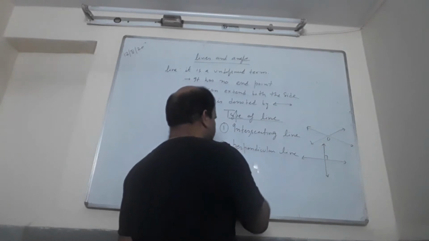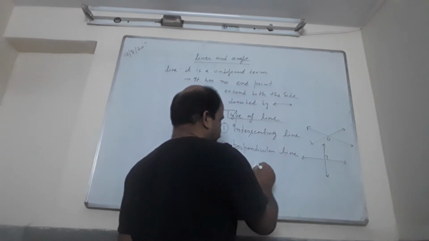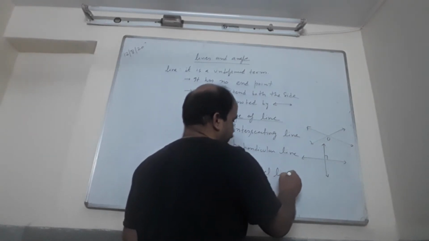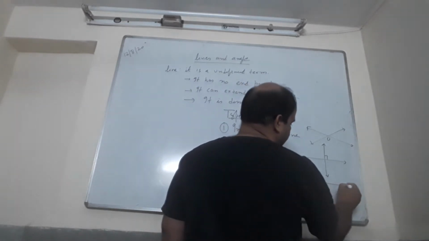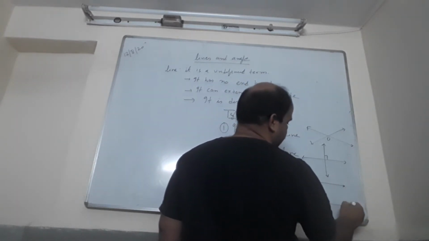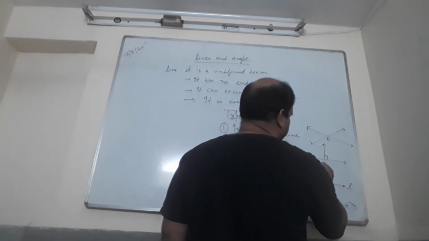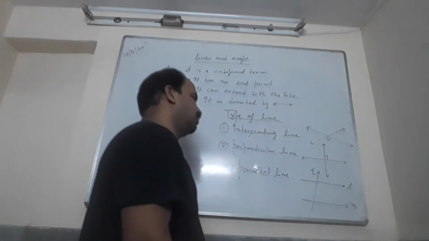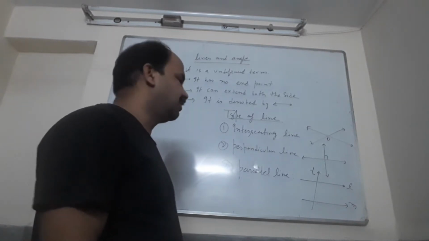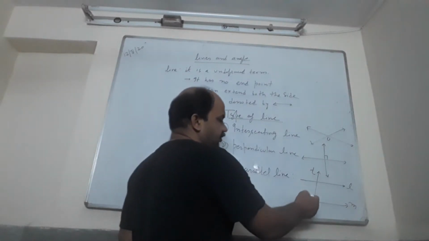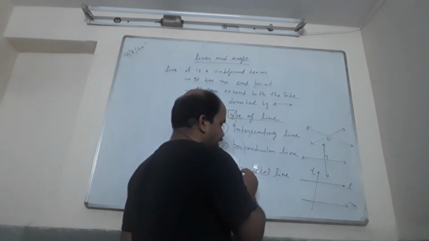And third is parallel line. Two lines are said to be parallel if they do not intersect each other. The distance between these two lines is always the same and they are on the same plane.